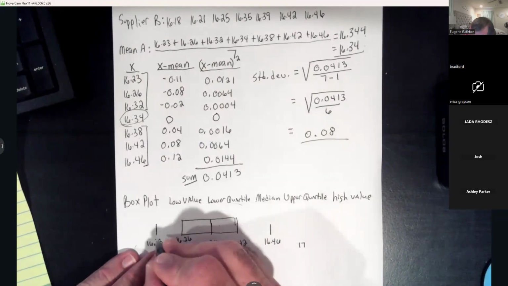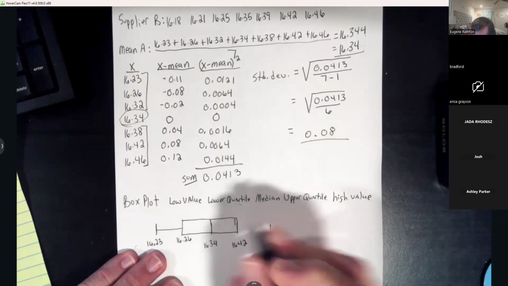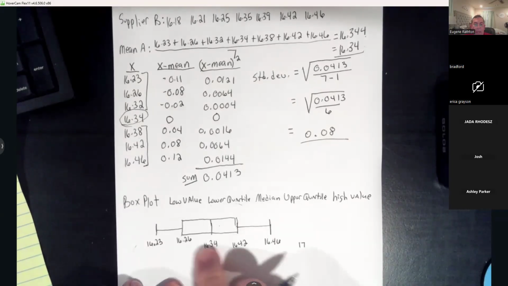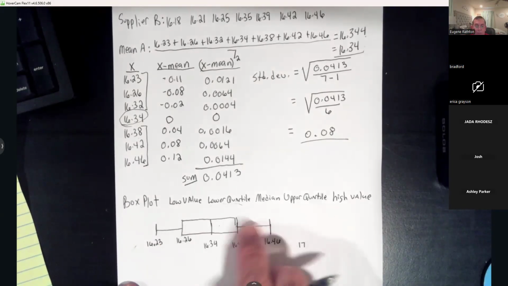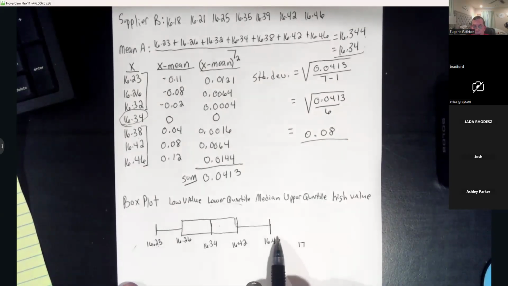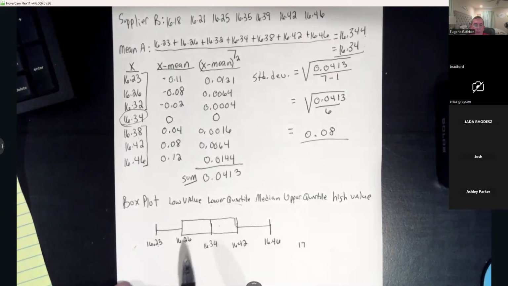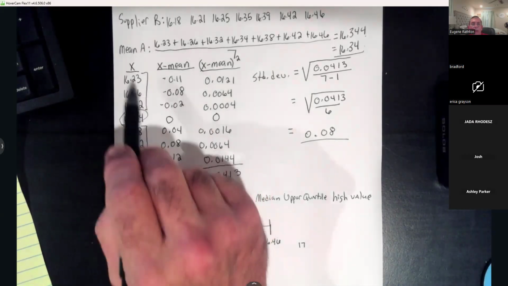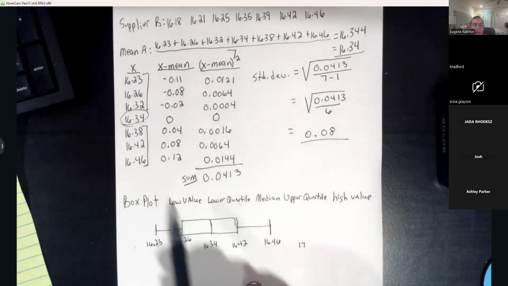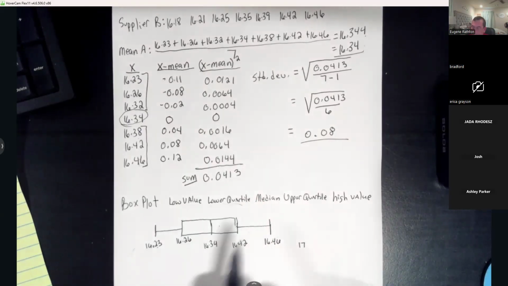And then right here, you draw a little whisker from there. And we call these the whiskers. So they start at your low value and go to your high value. So for supplier A, this was their data. This would be what their box plot looks like.